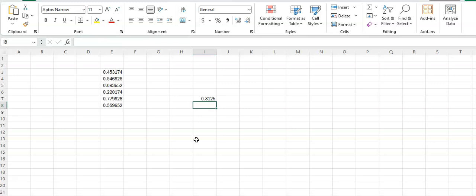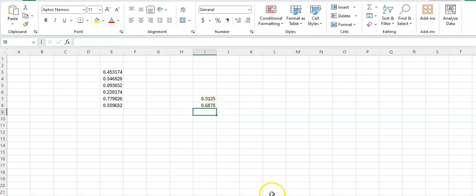Remember this is the opposite of what we want, so we subtract it from 1. So equals 1 minus 0.3125, and the probability we're looking for is 0.6875. Now, I think it said to round it to 3 decimal places. I don't remember, so it'll be 0.688. But in any case, whether we need 4 or 3 decimal places, there it is.